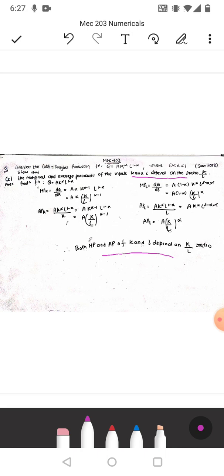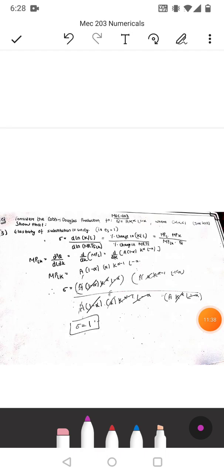APK इज़ नथिंग बट Q बाई K which is A K की पावर अल्फ़ा माइनस 1 L की पावर 1 माइनस अल्फ़ा, नथिंग बट A K बाय L की पावर अल्फ़ा माइनस 1. सिमिलरली MPL इज़ नथिंग बट dQ बाई dL विच इज़ A 1 माइनस अल्फ़ा K बाय L की पावर अल्फ़ा. सिमिलरली APL इज़ नथिंग बट A K बाय L की पावर अल्फ़ा. Therefore both marginal product MP and average product AP of K and L depend on K by L ratio, that is capital labor ratio, as proved above.